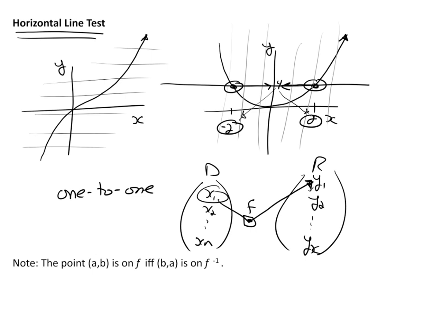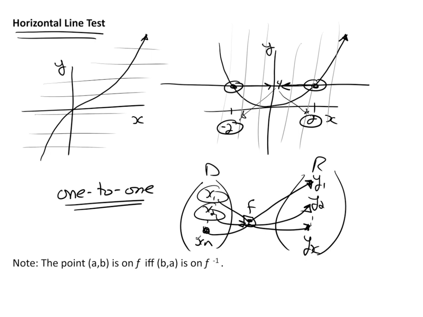It can never be used again. There are no other x's that will ever go to y1. That's what I mean by a one-to-one function. When I put x2 in, it goes to y2. These other values of x will go in and come out to other values of y. There are no y's that are shared. So one-to-one functions do in fact have inverses.